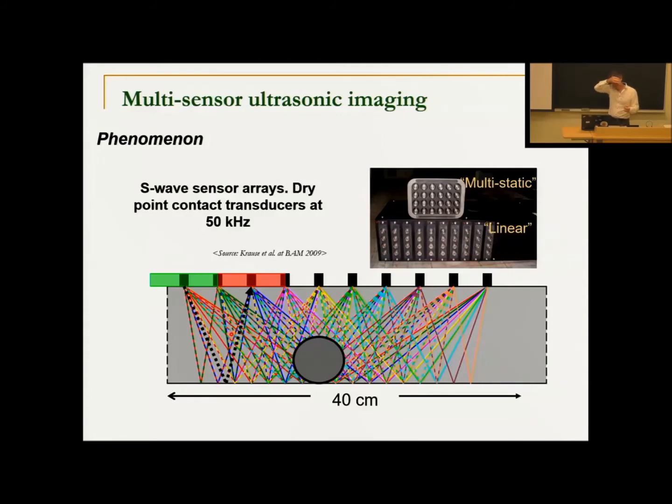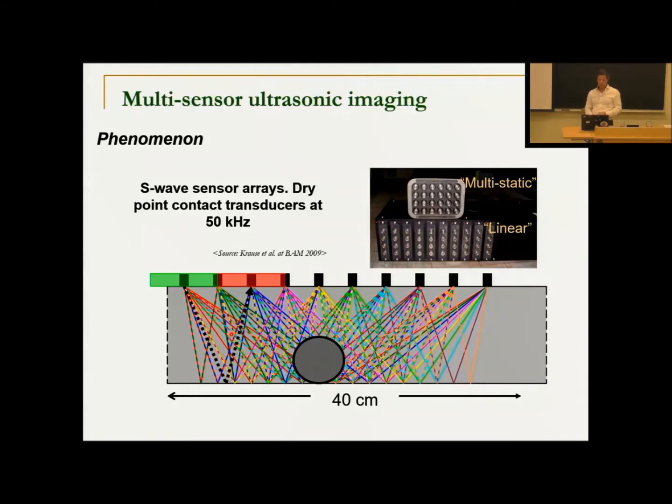But if we have an array of sensors over a footprint on an area, can we maybe control them, sequence them, use them together to overcome this problem and effect pulse echo, or send and receive ultrasonics in concrete? And that's the idea behind this multi-sensor ultrasonic imaging.